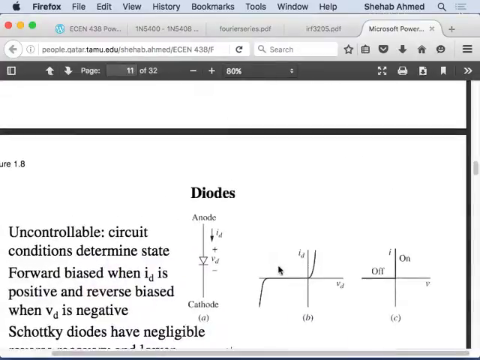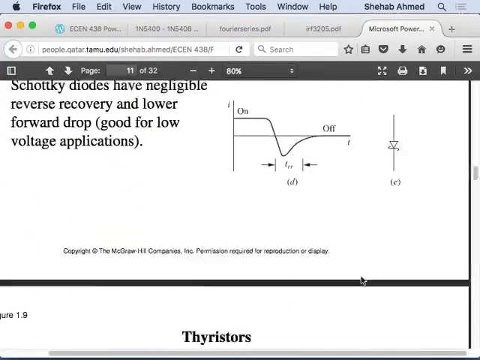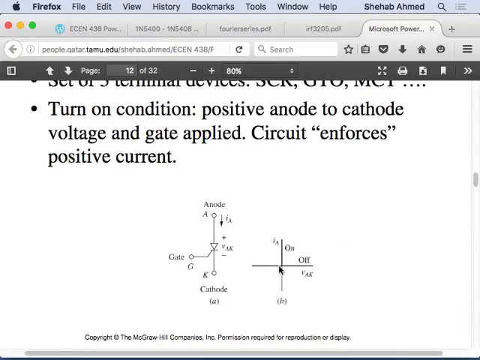If you look at the diode IV curves, it's here. The only thing I added is that even though VAK is positive, which would have turned on the diode, if I don't give it a gate signal, this thing does not turn on. As soon as I turn it on, it behaves like a diode.